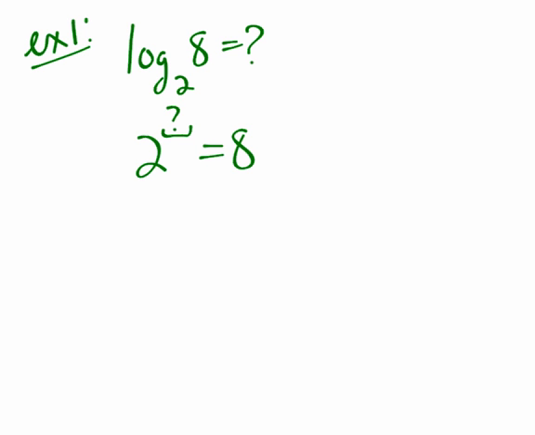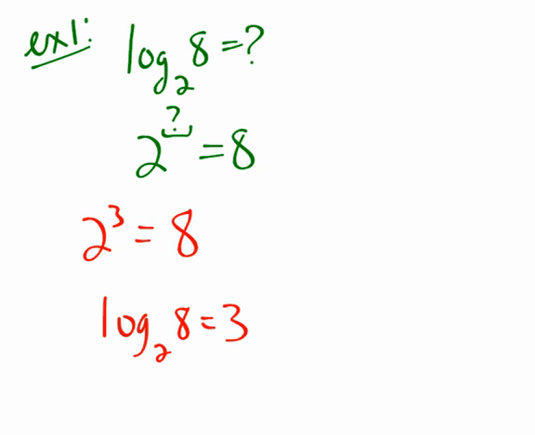So I don't know, what exponent do I put on 2 that gives you 8? Well, we know that 2 cubed is 8. So that means this is equal to 3. Again, to read that, the exponent on 2 that gives you 8 is 3.